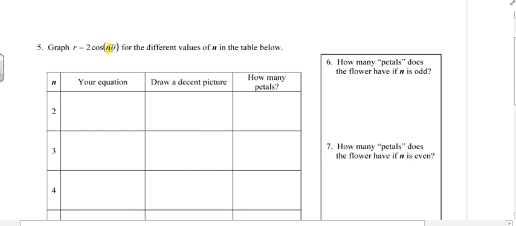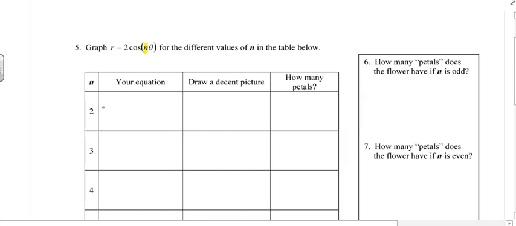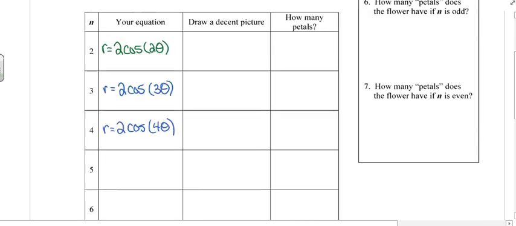In the first instance, our n value is going to be 2, which will make our equation r equals 2 times cosine of 2 theta. And again, I'm going to fill these in going downwards first, just to make it less flipping and flopping back and forth between the graph and the chart. This will be 2 times cosine of 3 theta. R equals 2 times cosine of 4 theta, so on and so forth.